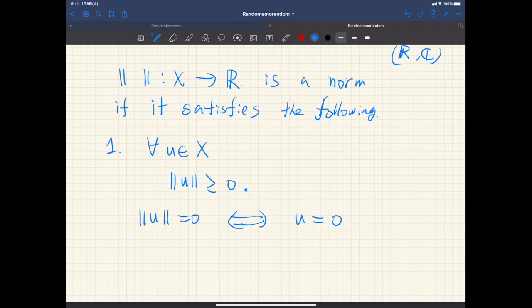Okay, so don't get confused. This is a real number, and this is the zero vector. So this is a real 0 as a real number, and this is the 0 vector. So the norm is 0 if and only if the vector is 0.